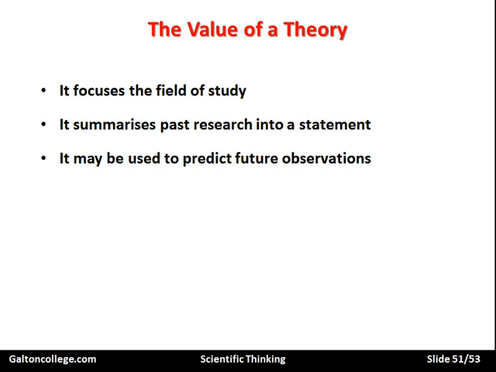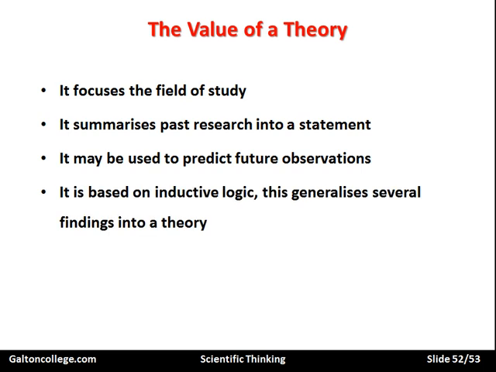Maybe I should be more confident, but looking into the future is problematic in the social sciences, in business, in sociology and economics and many areas. But in the natural sciences, in physics, in chemistry, in biology, in those areas there's much more predictability. However, a theory is used to make predictions about the future. It's based on inductive logic.